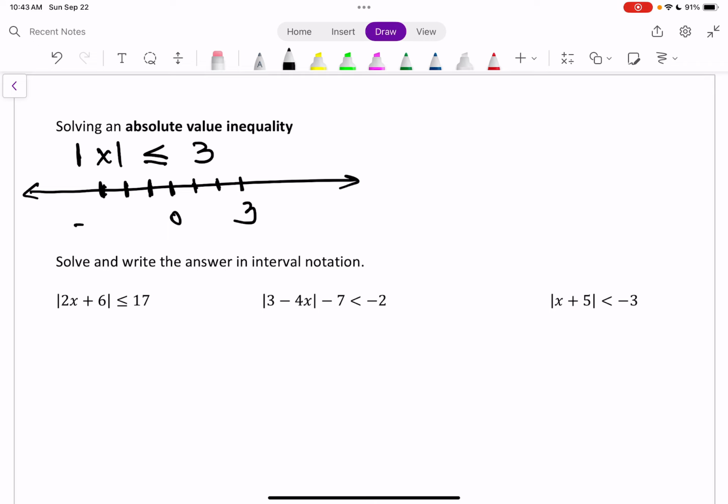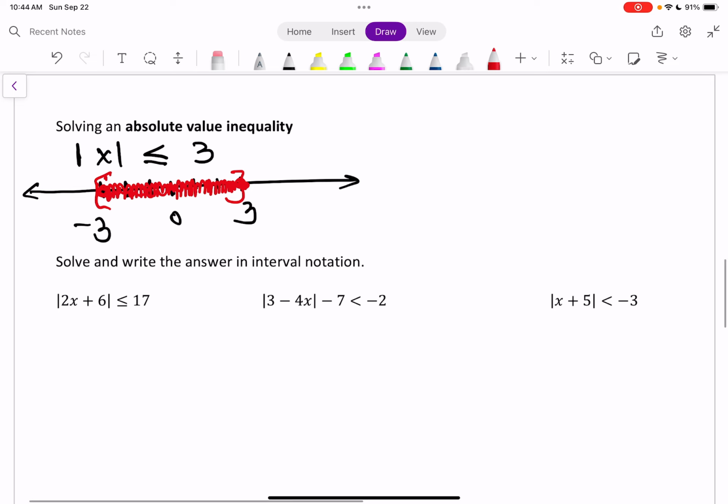Well, exactly 3 units away would be the numbers 3 and negative 3, as discussed before, right? So less than 3 units away would be this space on the right side and this space here on the left side. So this is what it means to be within 3 units away from 0.